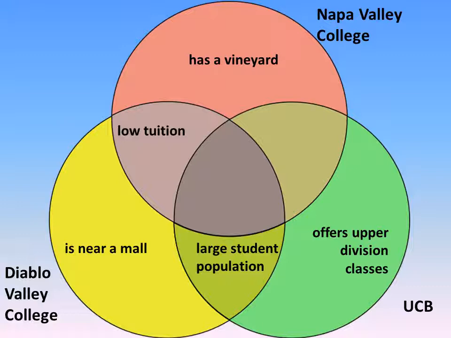But Napa is a smaller college, and Diablo Valley College and UC Berkeley have a large student population, but Napa Valley College does not. However, Napa Valley College has a medical clinic, as does UC Berkeley. Diablo Valley College does not. What do they all have in common?